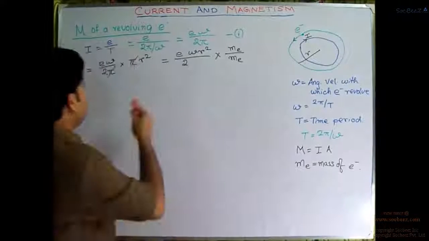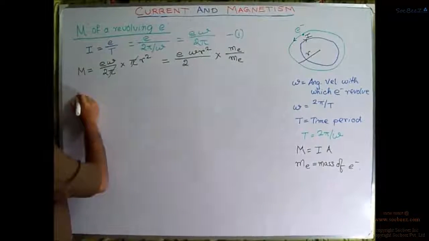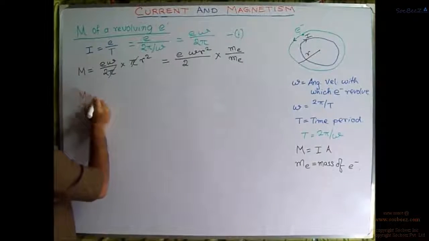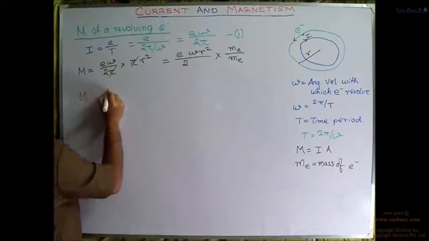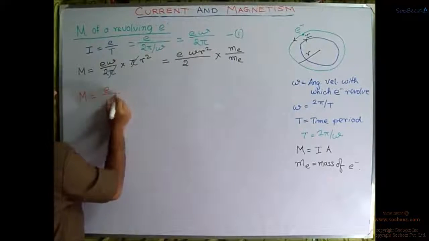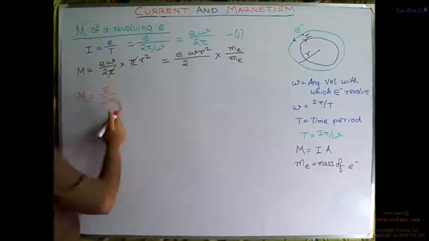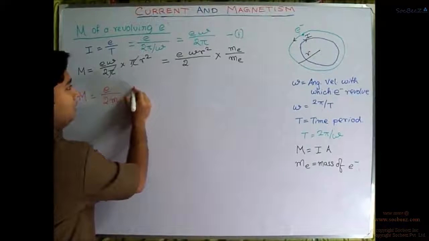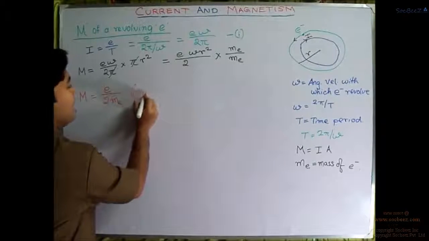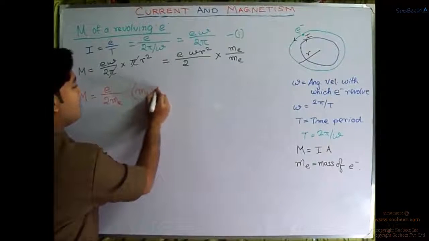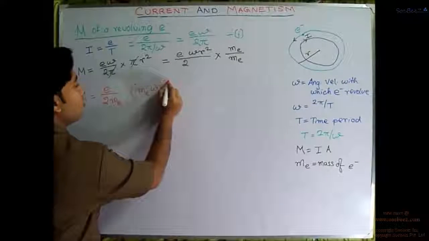So we can find this expression of M as equal to E divided by 2 multiplied by the mass of this electron, multiplied by the mass of the electron multiplied by omega r square.